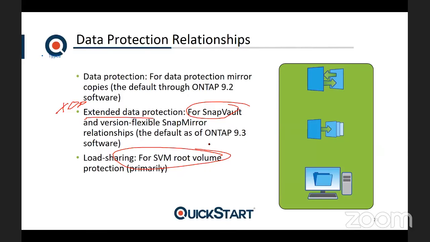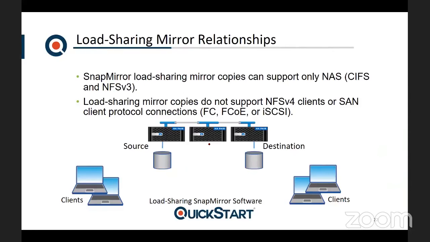So it's the kind of place where, if I've mounted my clients to the root volume, they're always going to hit the root volume first before they navigate to the rest of the volumes that belong to the SVM. So by replicating the root volume, creating it read-only, and redirecting all my clients to it, I can have a copy of it on every node and load balance access to the root volume. Thus, it's called a load sharing mirror. Okay, so the load sharing mirror is only for NAS purposes. And in the NAS world, it's not even supported for NFSv4 at this point.